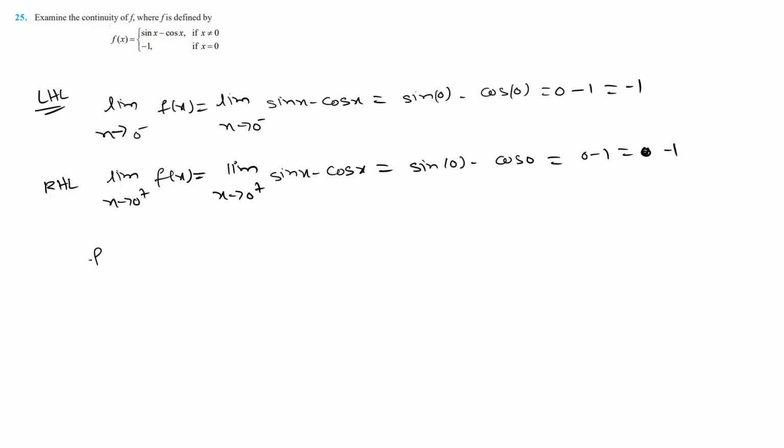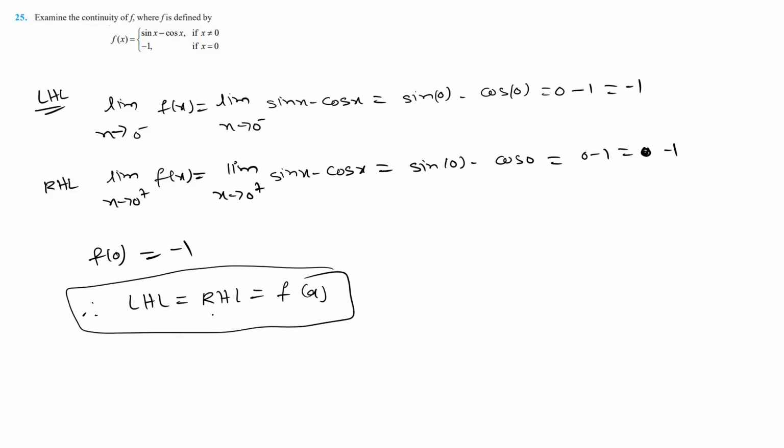Next, if you find the value of the function f of 0, they have already given this as minus 1 here. Therefore, LHL equal to RHL is equal to the value of the function here. Okay. Therefore, f is a continuous function.